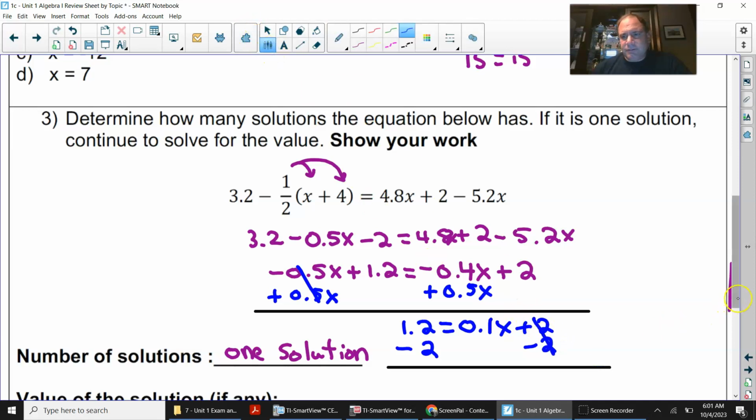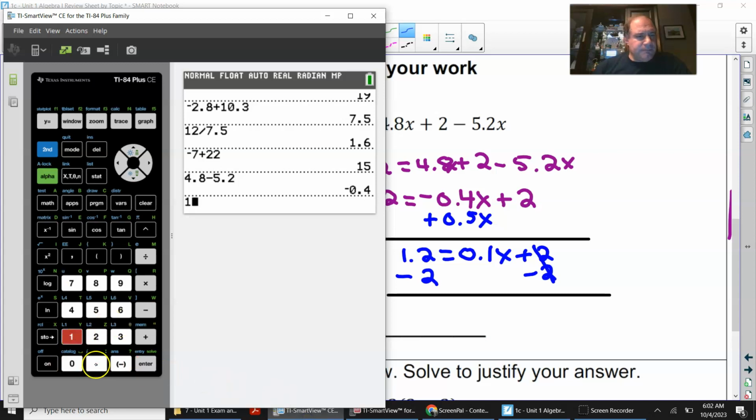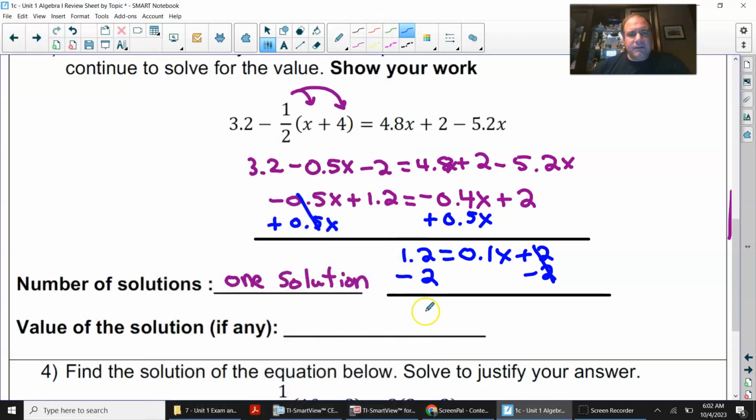This cancels. And then I'm going to take the calculator and do 1.2 minus 2, just to be safe. And it's negative 0.8 equals 0.1x. Then I divide. This cancels.